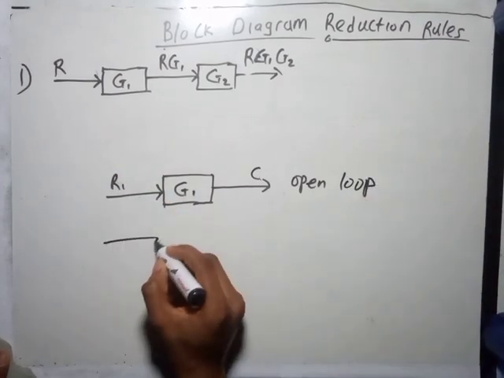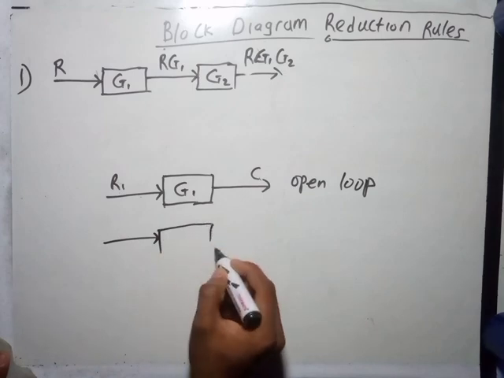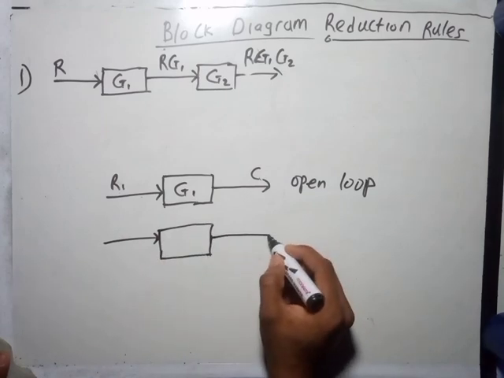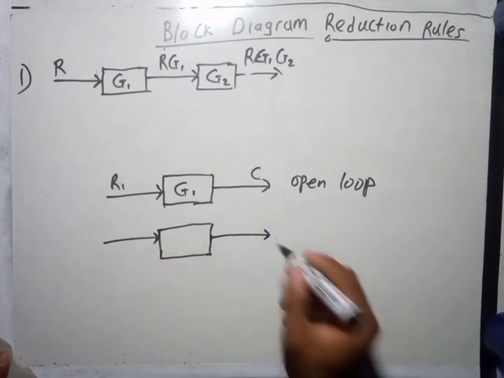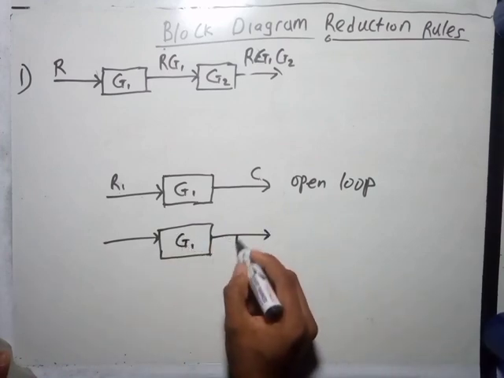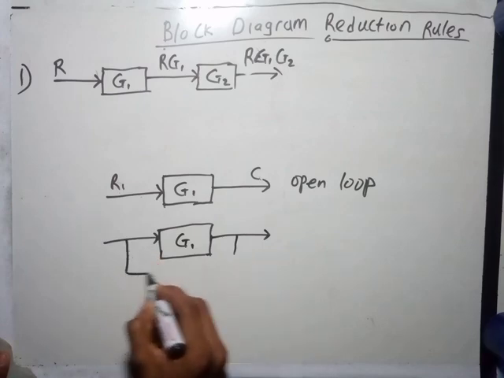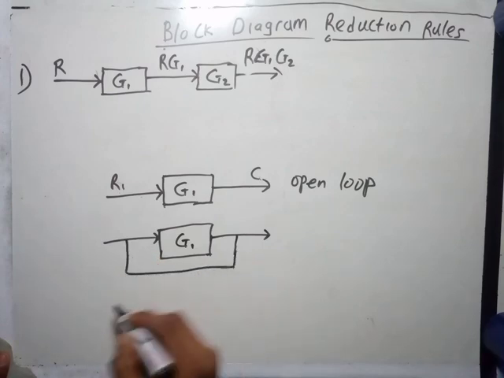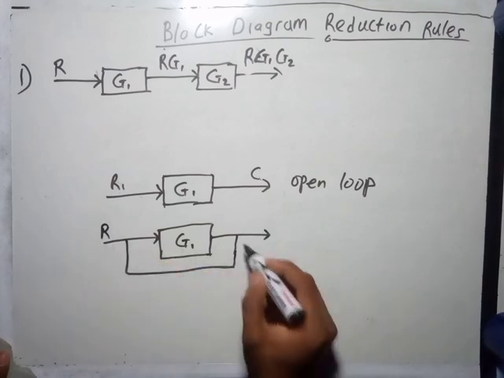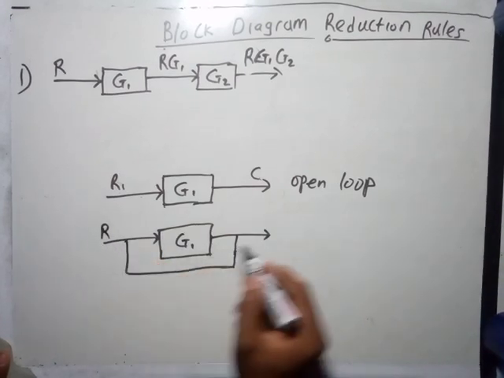For your closed loop, you have two cases. We have the feedback closed loop and just your ordinary closed loop. For your ordinary closed loop, you just have your branching points, just like this.